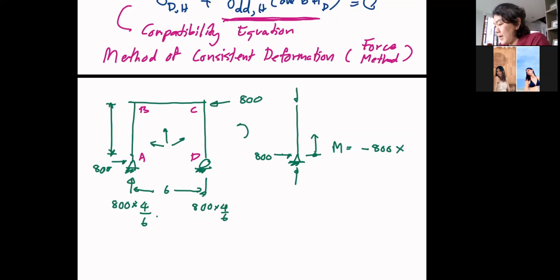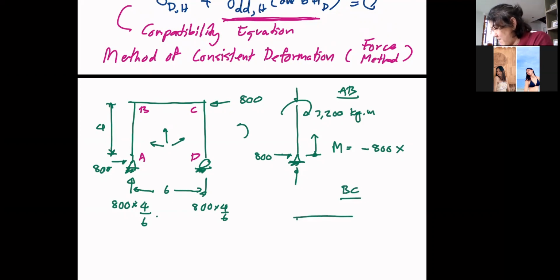Before we move on, if this is 800 and that is 4 meters, now you know that this is going to be 3200 kilogram meter, right? That's a complete free body diagram. Okay, I should write that this is AB. Move on to member BC now.